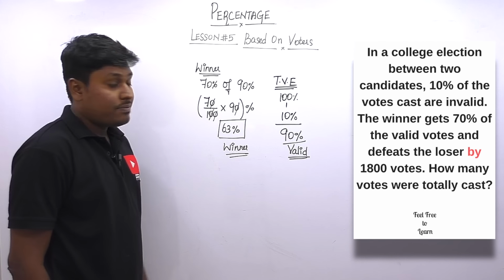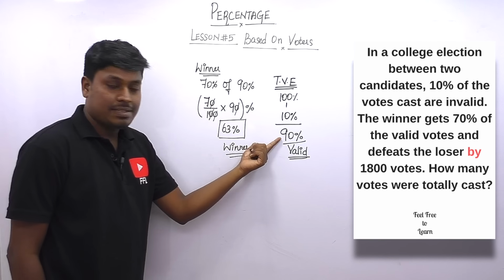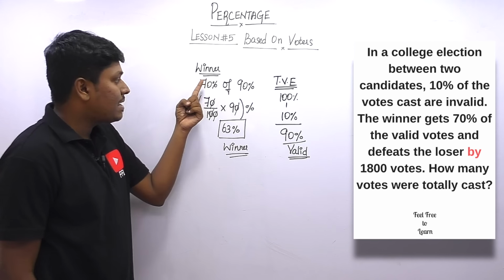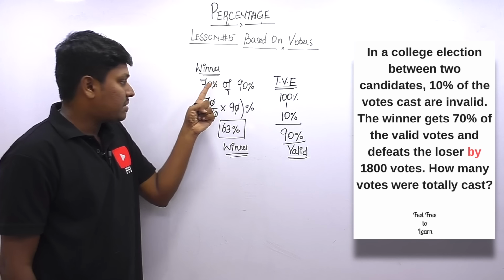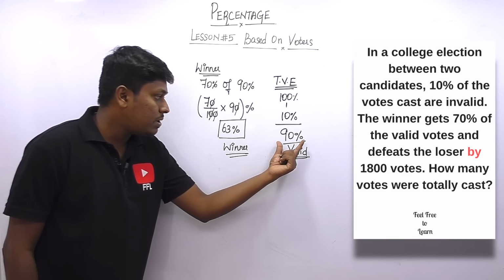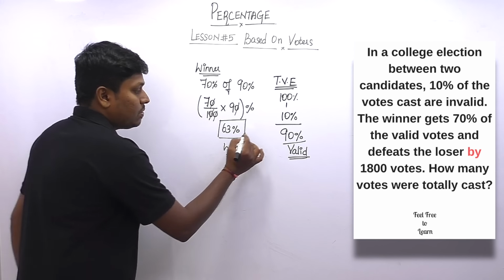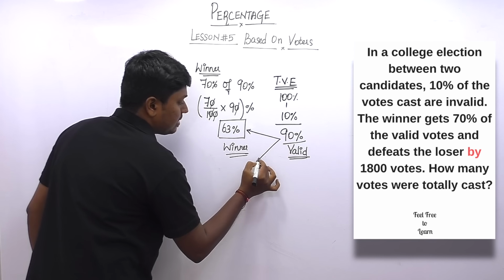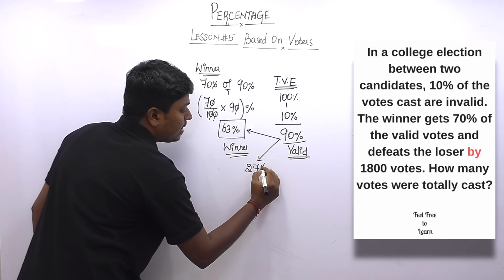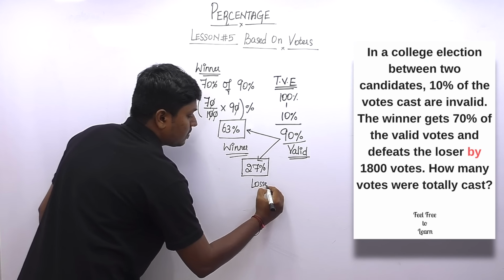What they have told is, out of this 90, the winner got 70%, which means 70% of 90. So 70% of 90 will be 63%. So we can easily say that out of this 90%, the winner got 63%. What about the loser? If the winner got 63, then the loser will definitely be 27%. So finally we can say that the winner got 63%, the loser got 27%.